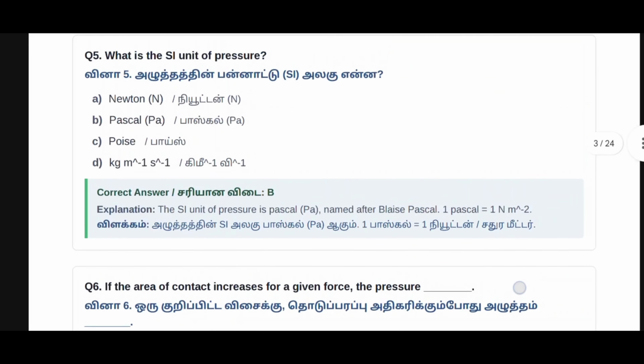One atmospheric pressure is approximately equal to how many Pascal? Option C, 1 lakh pascals. Cooking is difficult at higher altitude because option C, atmospheric pressure is lower, decreasing the boiling point of water.